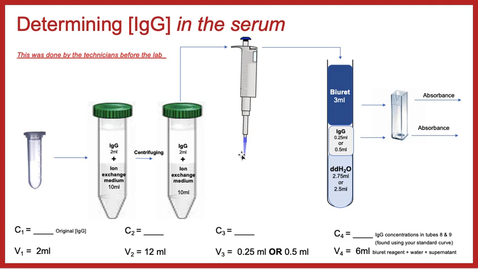Now, remember, you aspirated up this serum albumin from this test tube here. This test tube is going to have the same concentration as what you aspirate over here. So C2 and C3 are going to be exactly the same. Why is that? If I take a very dark, very concentrated coffee, and I put it in a smaller glass, is the concentration going to change?